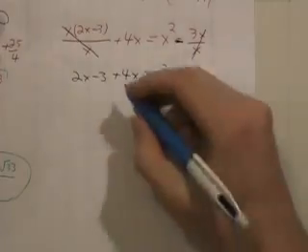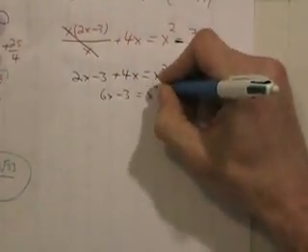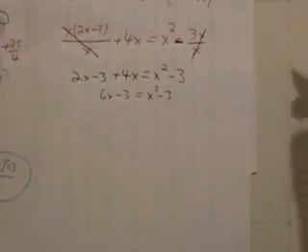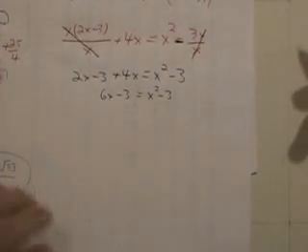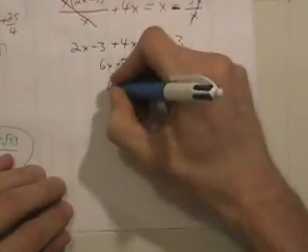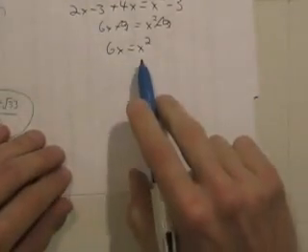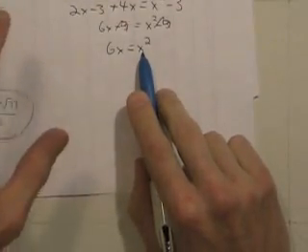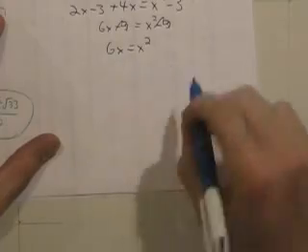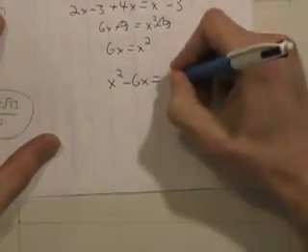I get 2x plus 4x, this is really 6x minus 3 equals x squared minus 3. And then if I add 3 to both sides, 3's cancel. And then I have 6x equals x squared. So I want to keep this here because I don't like negative signs in front of the x squareds. So I bring this over and I have x squared minus 6x equals 0.